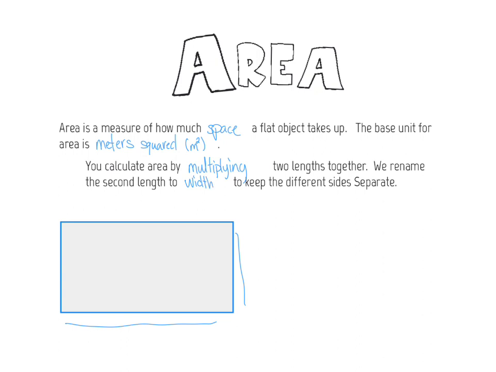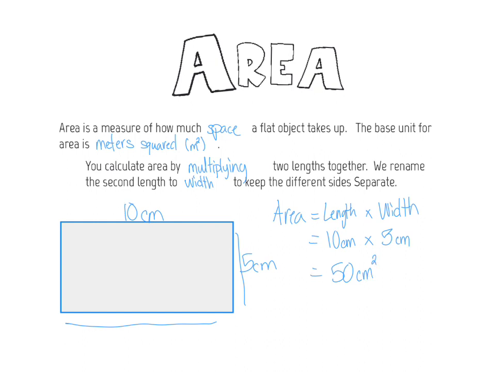So if we wanted to say that the long side, the length, is 10 centimeters long, and the width, the shorter side, is 5 centimeters long, area would equal length times width, which equals 10 centimeters times 5 centimeters, which equals 50 centimeters squared. The way I remember the 2 is this is a two-dimensional object, so there is a 2 after the centimeters.